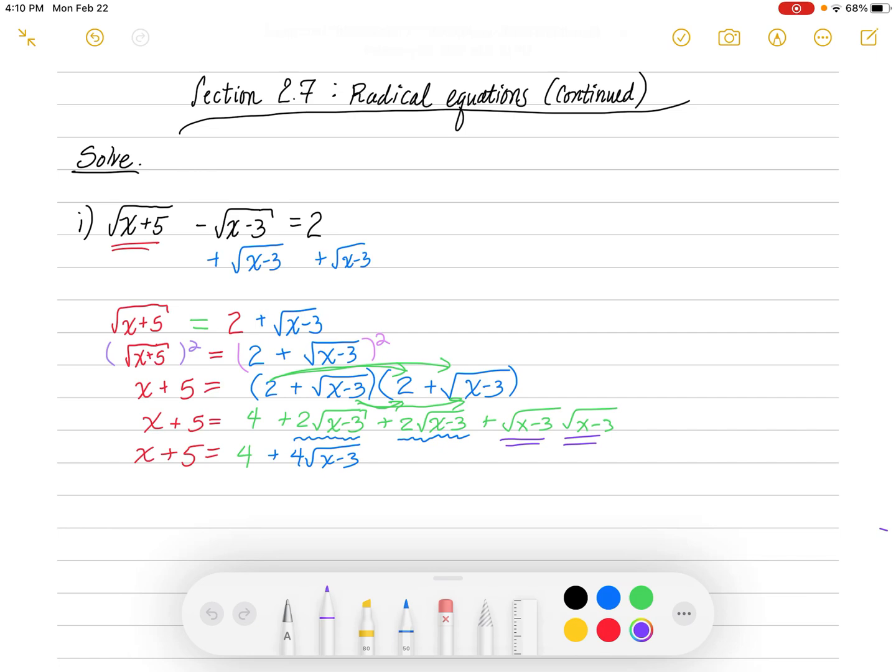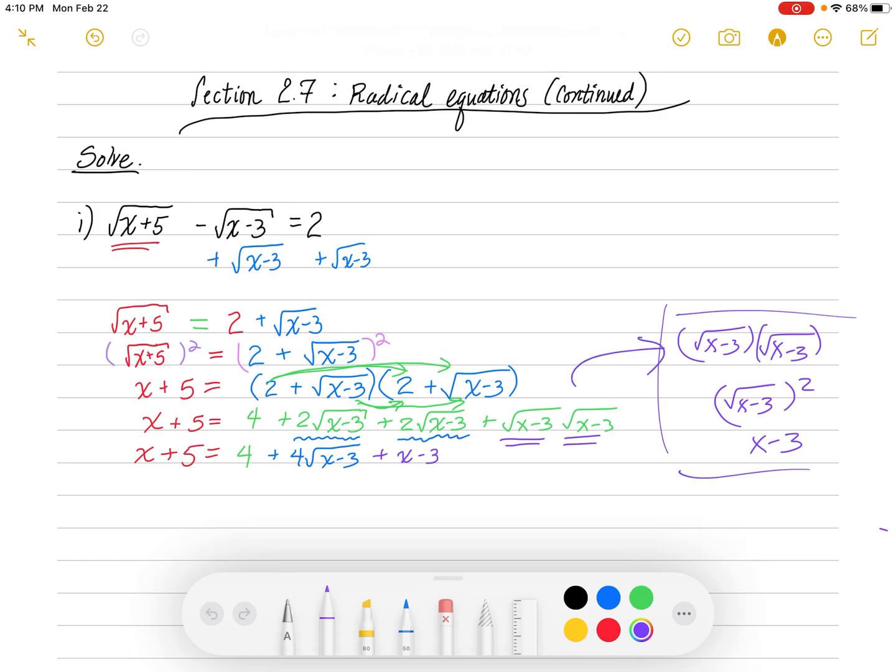So the squaring is going to kill off the square root, so we'll just have x minus 3. If I take radical x minus 3 times radical x minus 3, that's the same thing as saying radical x minus 3 squared, right? And the square cancels with the square root, so I get x minus 3.